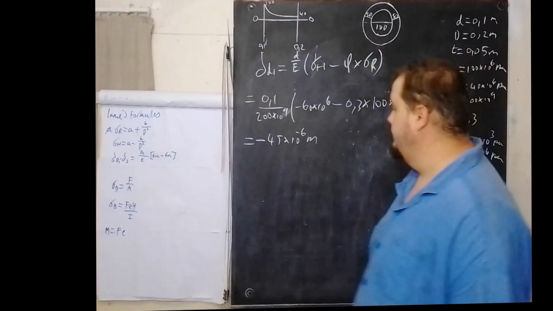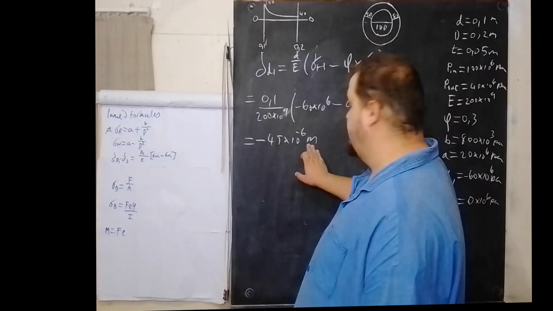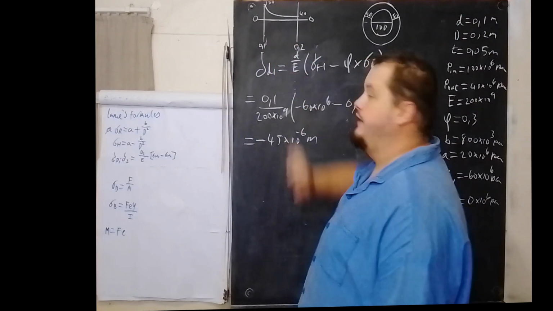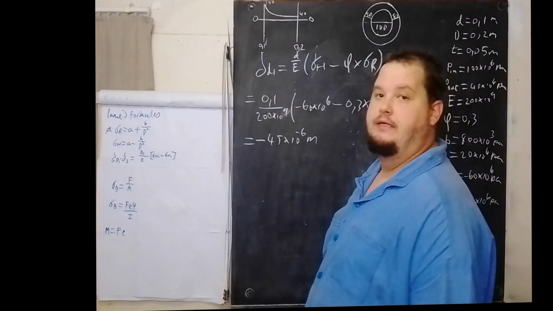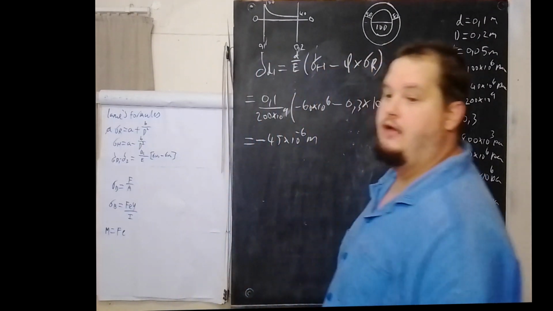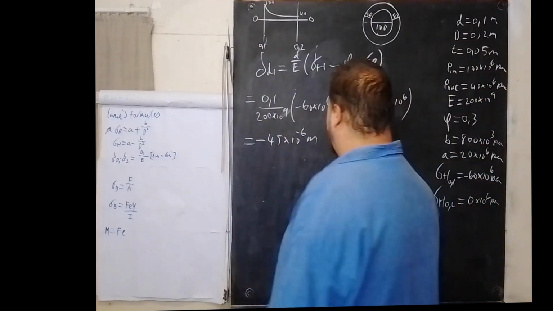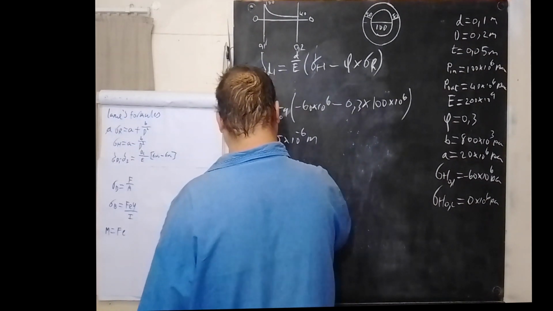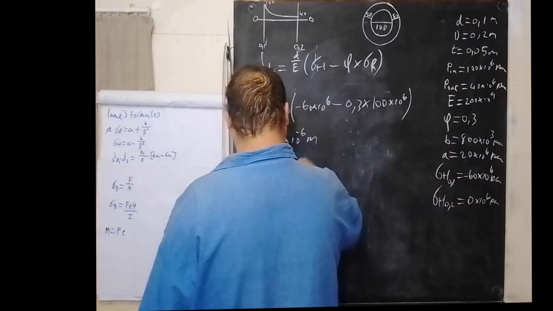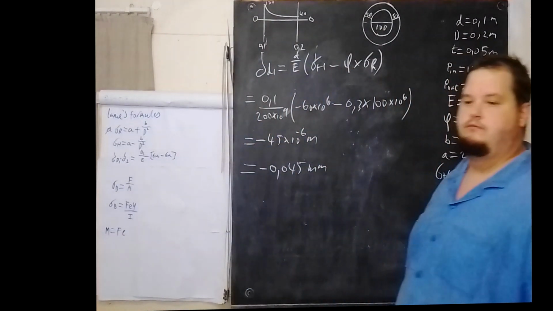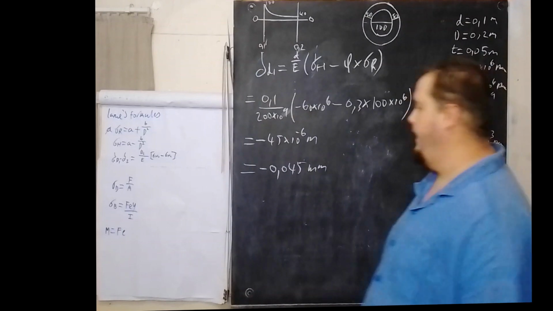Now we need to change it to millimeters, because that is what we are working with here, so we multiply by 1,000. So minus 0,045 millimeters, which will make sense.